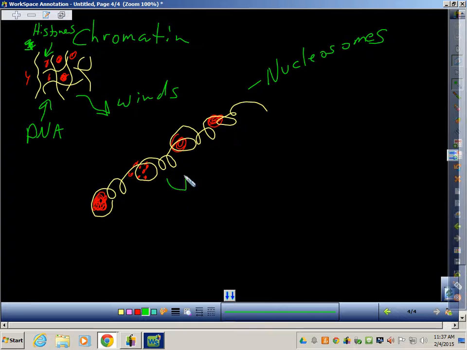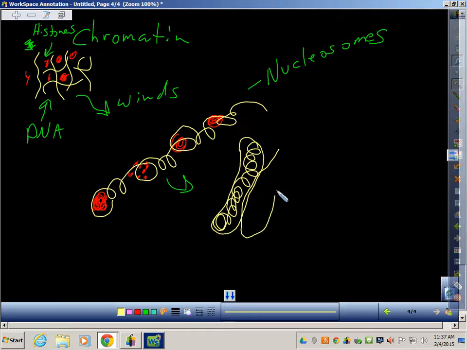And if we take it one step further, this keeps winding tighter and tighter and tighter, until I end up with this thing called a chromosome. But a chromosome actually contains 2 things. It contains 2 of these structures.